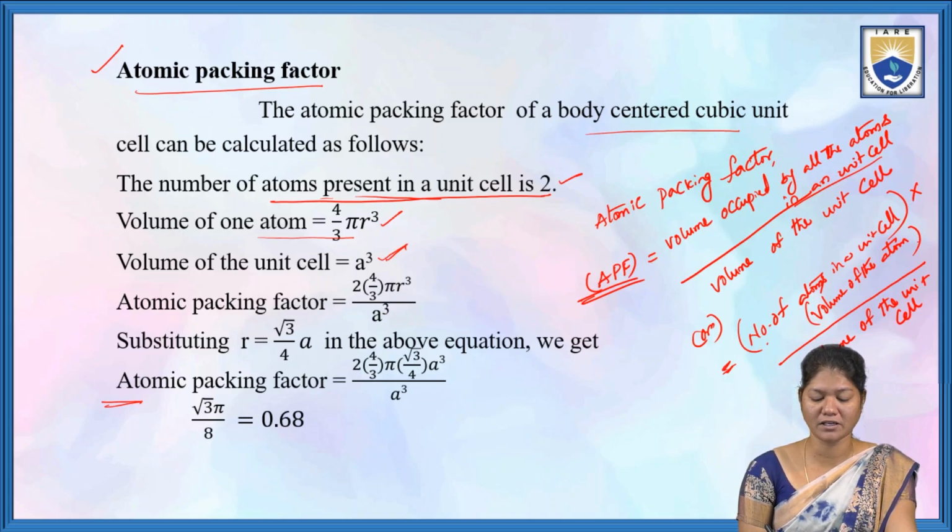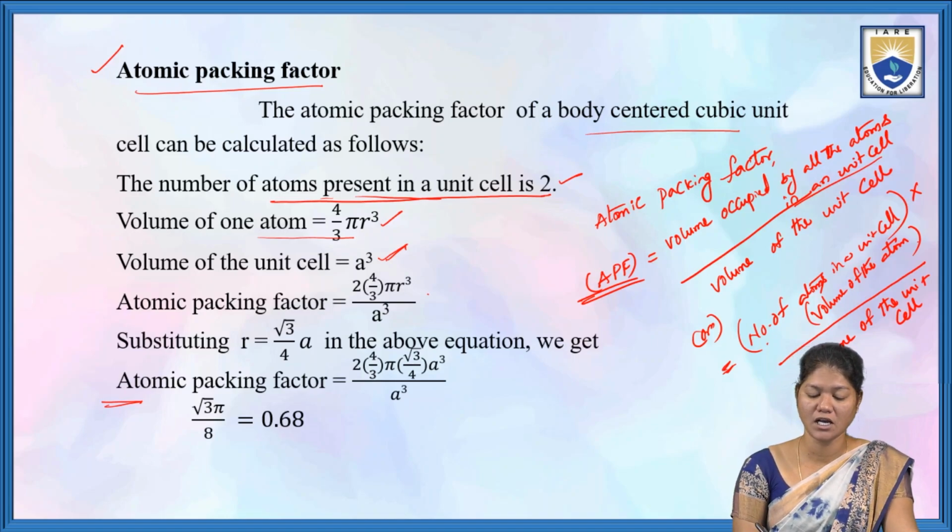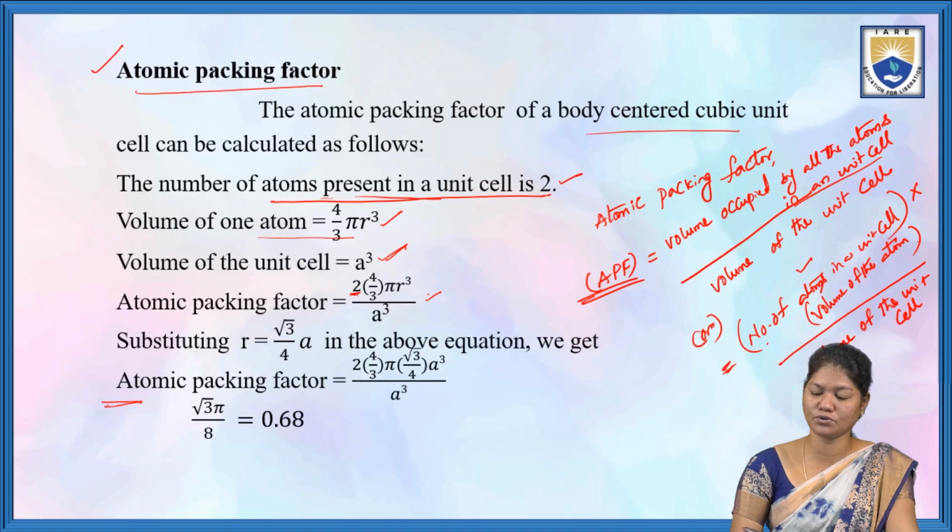And atomic packing factor is 2 into 4 by 3 pi r cube by a cube. So this is the atomic packing factor formula. This 2 is the number of atoms in a unit cell, and the volume of the atom is 4 by 3 pi r cube.